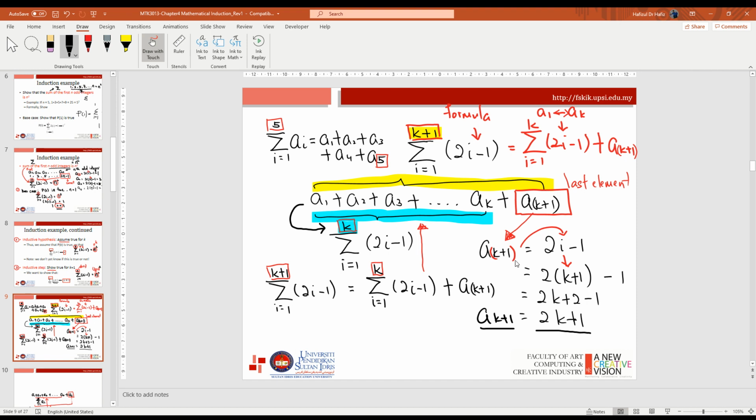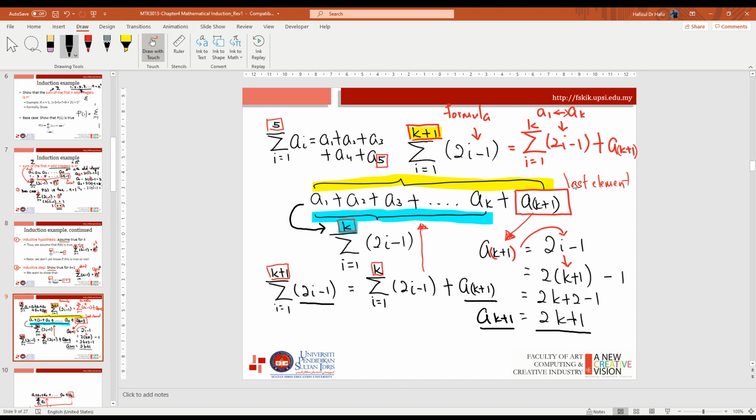We replace this one with 2i. So for k plus 1, the term 2i minus 1 plus a(k+1).